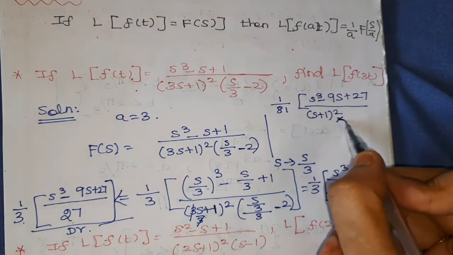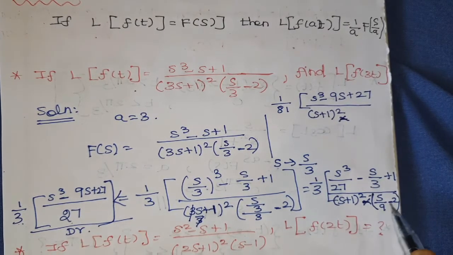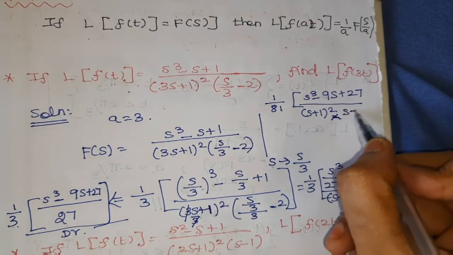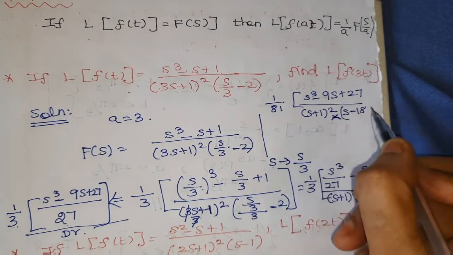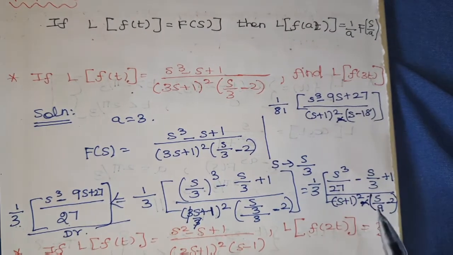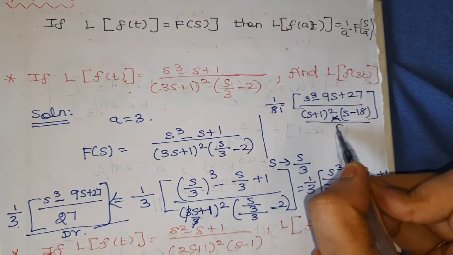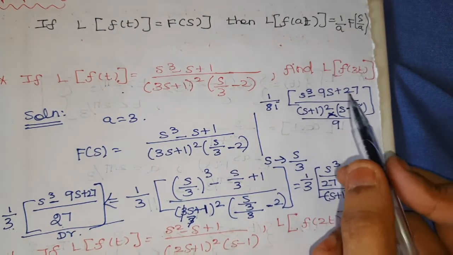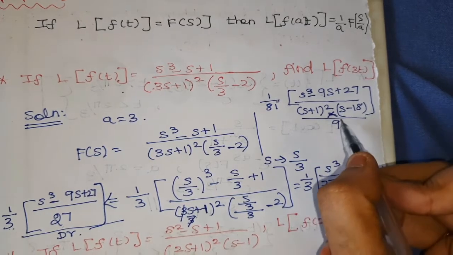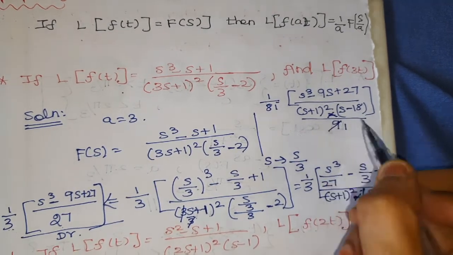Multiplied by, take the LCM here, (s − 18)/9. This denominator term will go to the numerator, so the 9 terms will get cancelled.